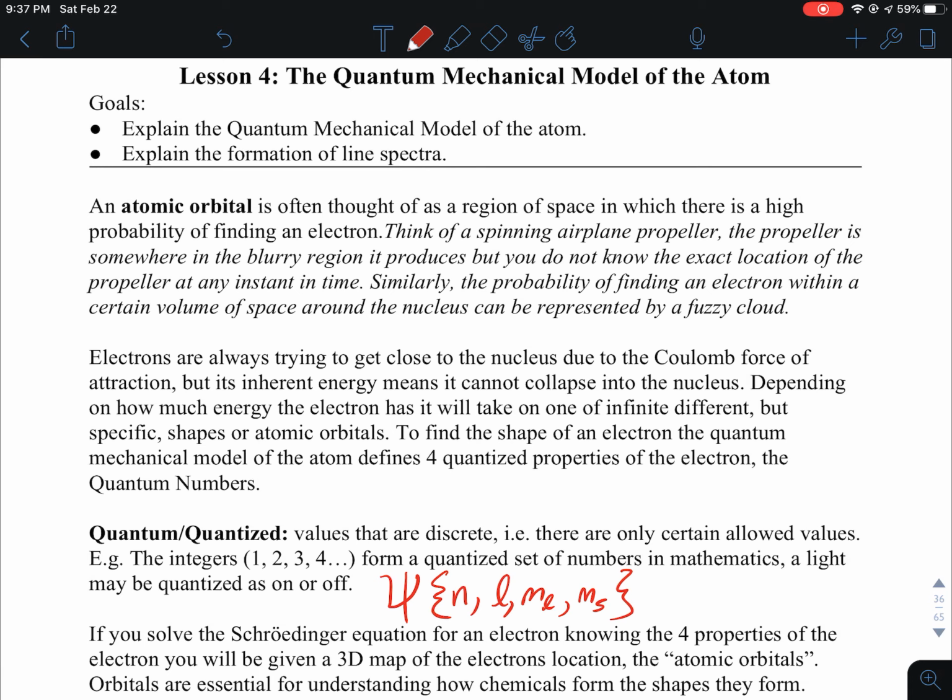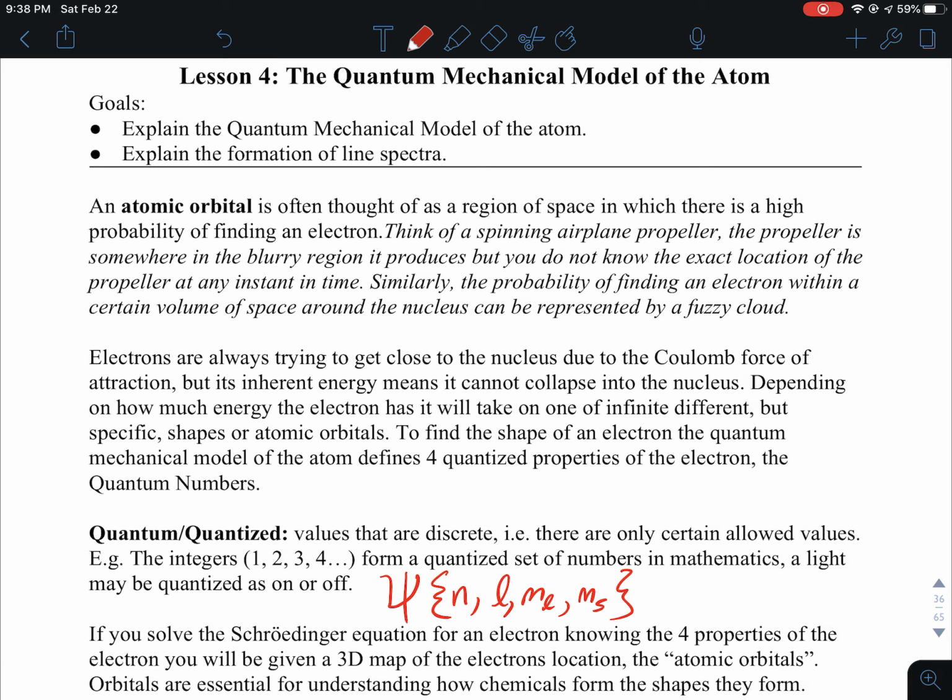We do know that the electron at least wants to be around the nucleus, because electrons are negative and the nucleus is positive. But because the electron is wave-like, as soon as it gets close to the nucleus, we can't really know where it is.